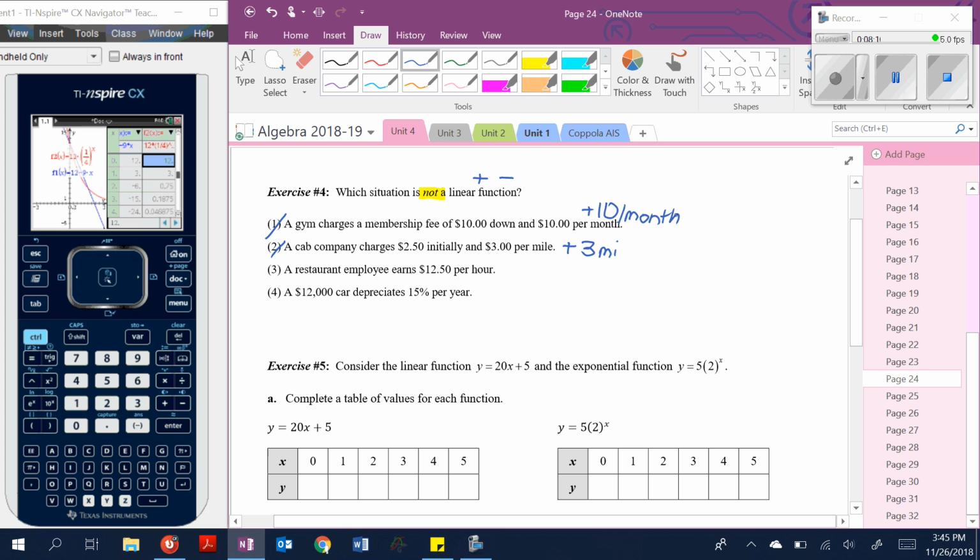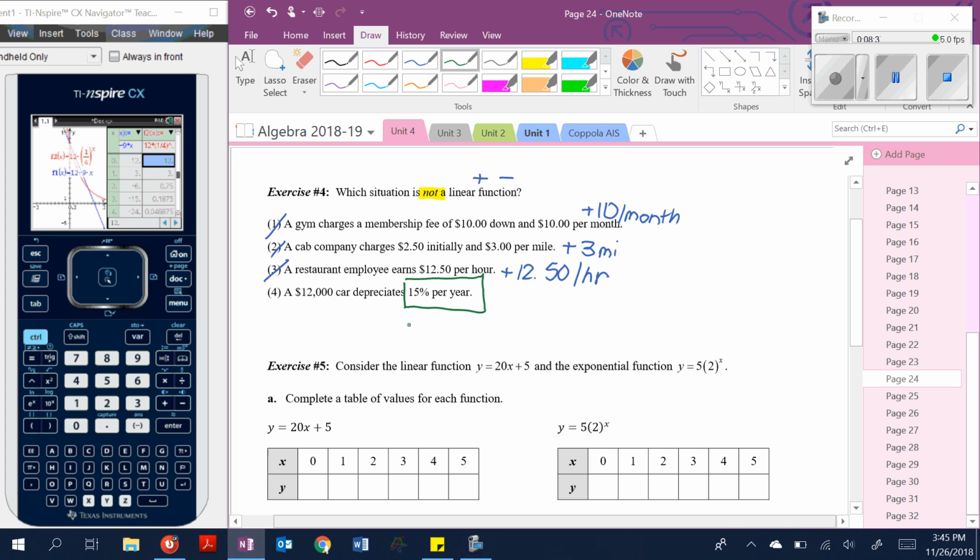Okay, number 3, a restaurant employee earns $12.50 per hour. Yep, we're adding $12.50 per hour. That's an adding fee. All right, and then 4, well, let's hope this is not linear. A $12,000 car depreciates 15%. There's our multiplier.